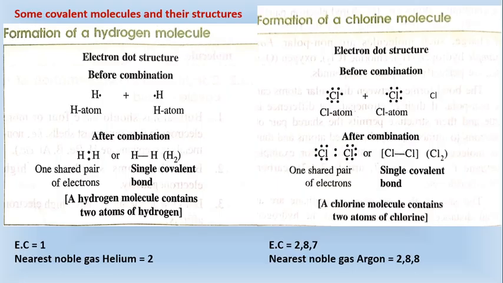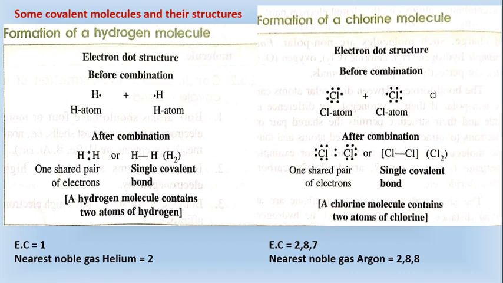Okay. Then let's see some dot structures of covalent molecules. The first one, hydrogen molecule. Two hydrogen atoms, each having only one electron in the outer shell, combine with each other. Once they are combined, the electrons are shared by each hydrogen atom.